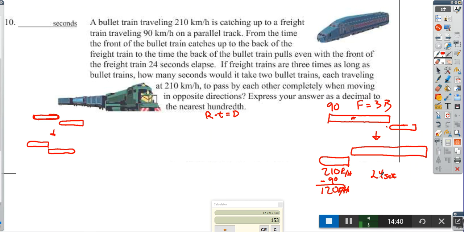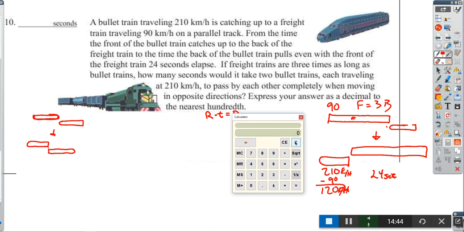And shockingly, normally I like fractions, but in this case, I turned this into hours. So I said 24 divided by 60 minutes in an hour divided by 60 seconds in a minute. This is how many hours it takes for them to cross. Okay, great.